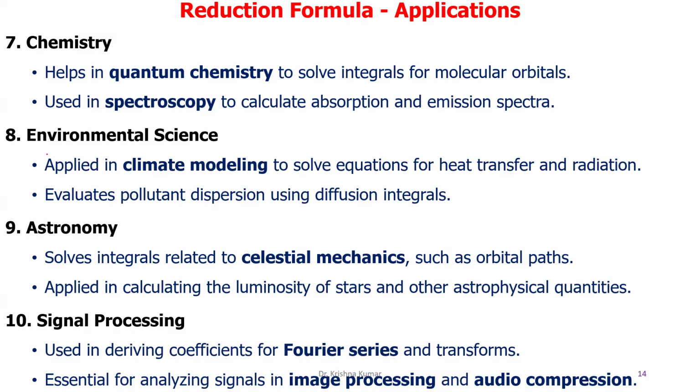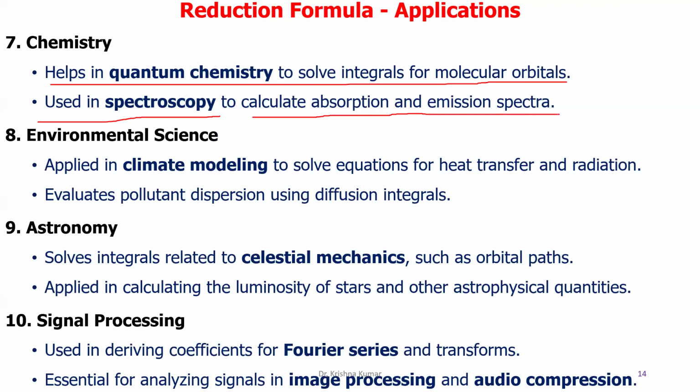It helps in quantum chemistry to solve integrals for molecular orbitals. Also, it is used in spectroscopy to calculate absorption and emission spectra. The eighth application is in environmental science. It is applied in climate modeling to solve equations for heat transfer and radiation. Also, it evaluates pollutant dispersion using diffusion integrals.